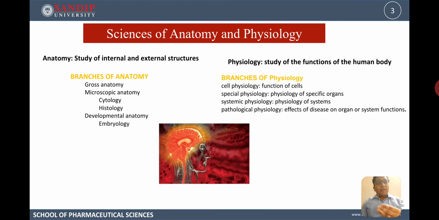The third one is systemic physiology. According to the name, it means the physiology of the systems. It means the group of organs we study as a system. There are 11 systems, and their physiology, meaning their functioning, is studied in systemic physiology.